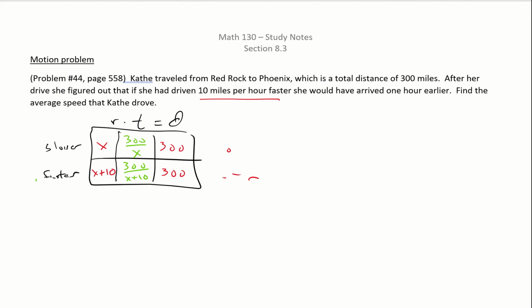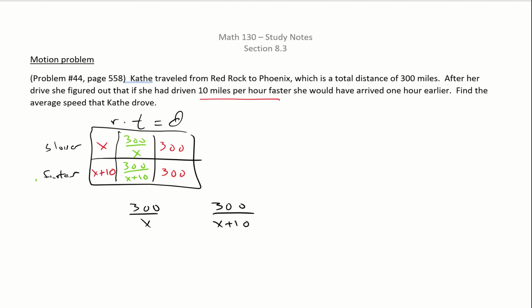And she did some math. She goes, doggone, if I had gone faster. So what is she figuring out? The time, 300 over x, is the slower time. And then the time 300 over x plus 10 is the faster time.